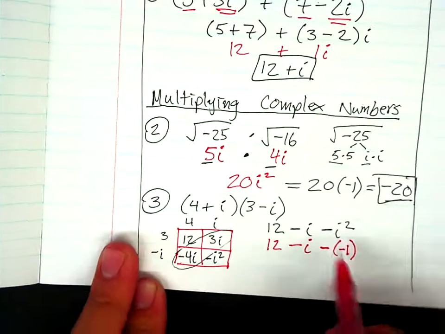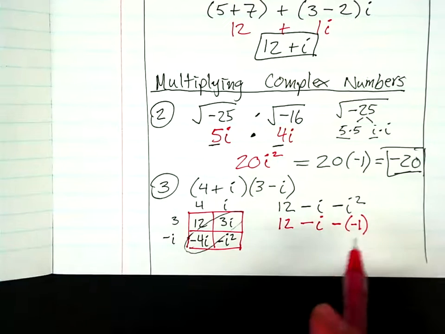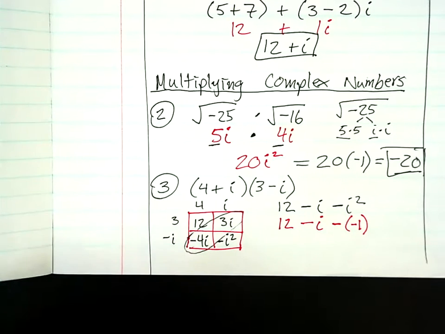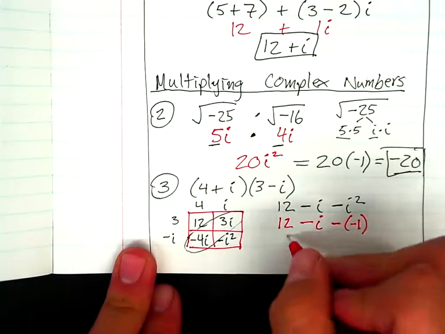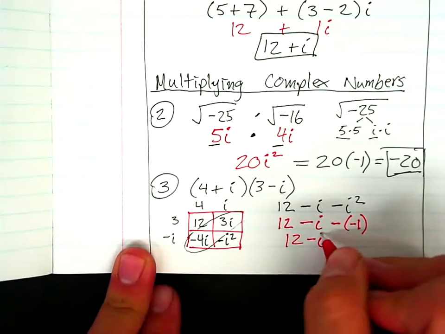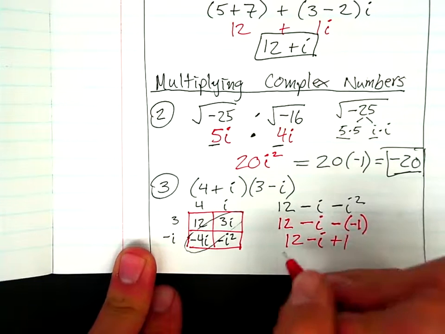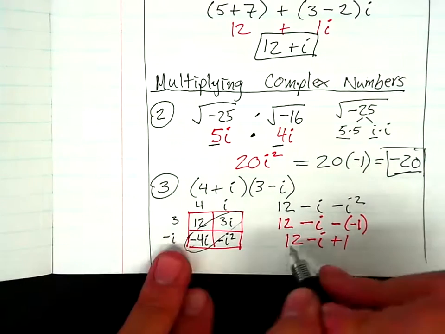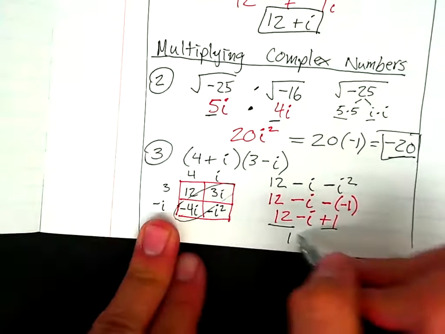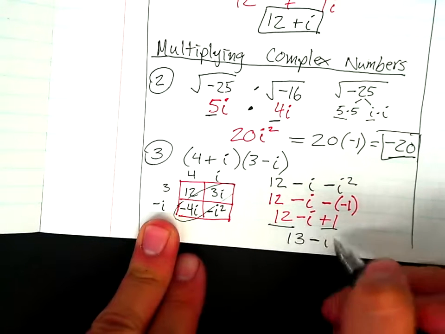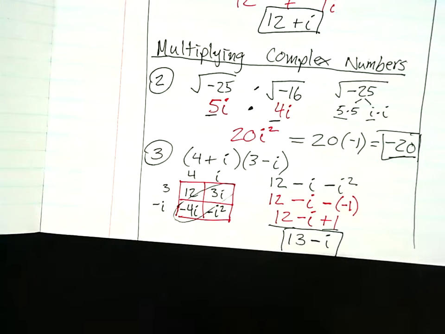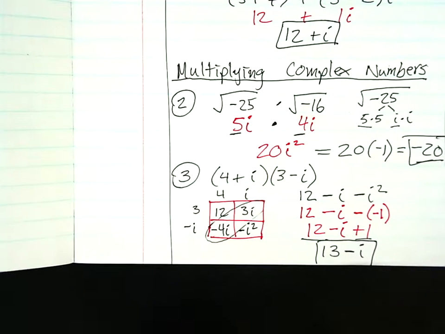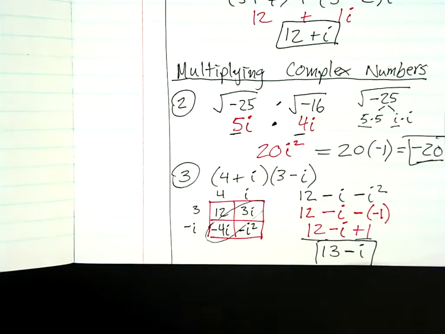Notice that I have a double negative. That negative didn't go anywhere. But now, because I have a double negative, it will become positive. So it's 12 minus i plus 1. Only like terms here are 12 and positive 1, which means I have 13 minus i. So by multiplying these two binomials, I ended up with another complex number, 13 minus i.